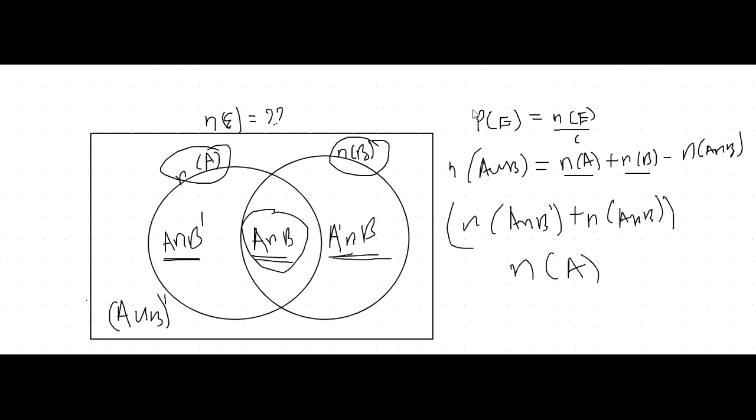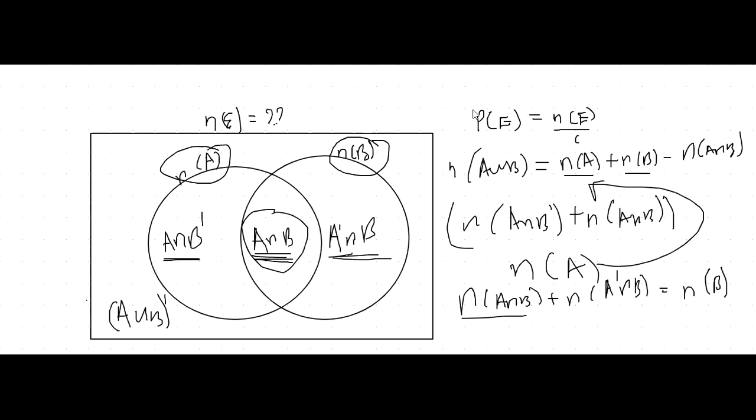Yes, teacher. Then still to add A intersection B and A prime intersection B, number of A prime intersection B, we are replacing this by number of B. So when we decide to use A and we write it here, then the number of B, we also write it here.